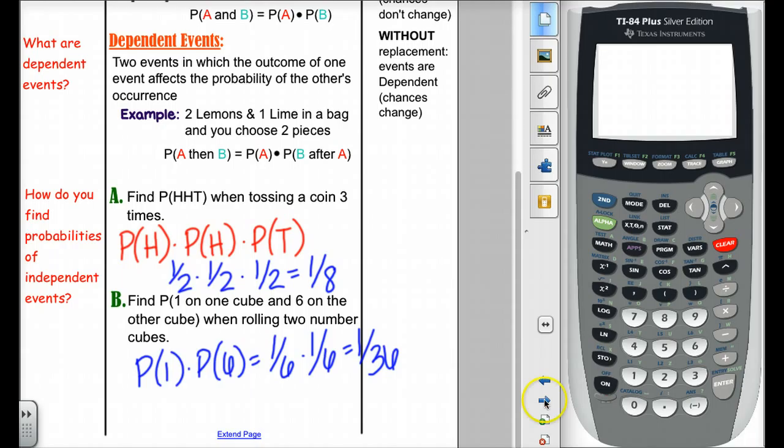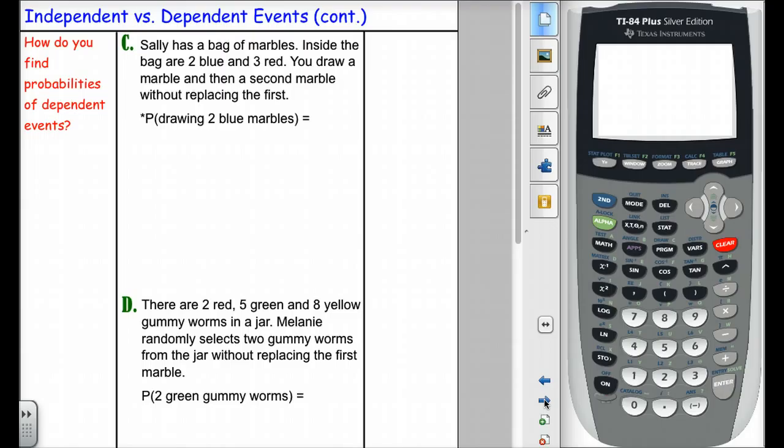Now, taking a look at dependent events. We have Sally, who has a bag of marbles. Inside the bag are 2 blue and 3 red. You draw a marble and then a second marble without replacing the first. That's the key, because once you take one out, you have less of a chance or more of a chance depending on the color selected. So this is asking the probability of drawing 2 blue marbles.